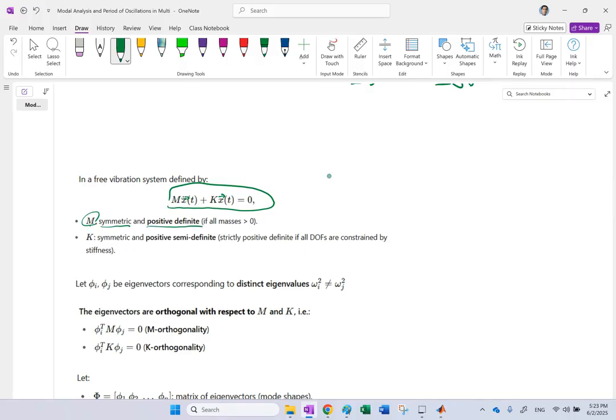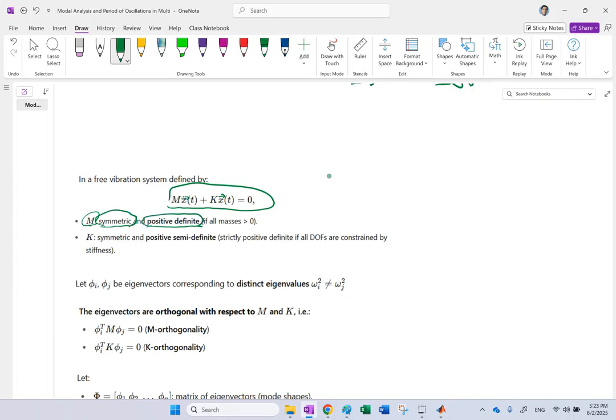Most of the time it is diagonal like this. Now you might say, could M be non-diagonal? Yes, it could. I'll show you. So M is not always diagonal. Sometimes it could have off-diagonal elements, but it's always going to be symmetric and it's always going to be positive definite.